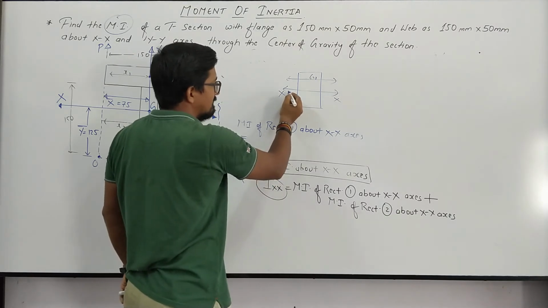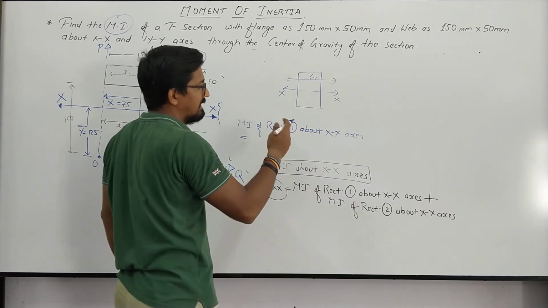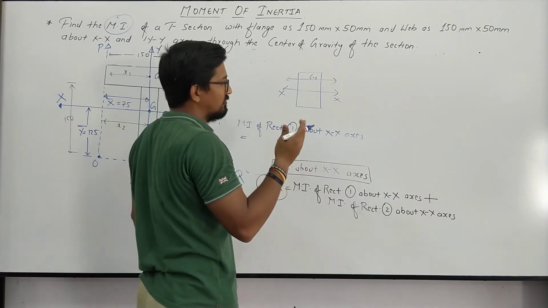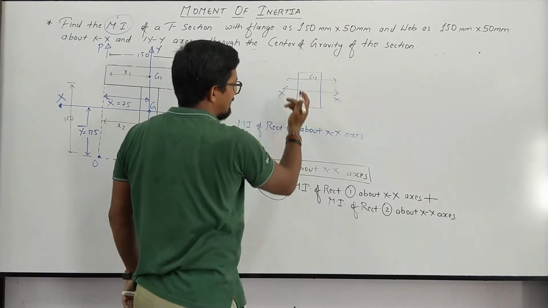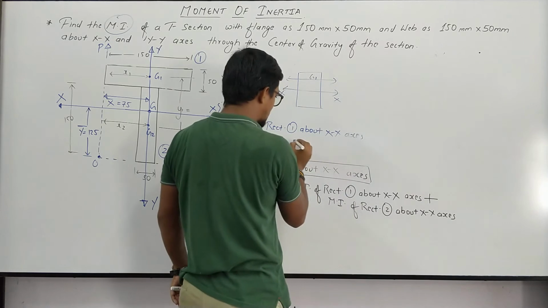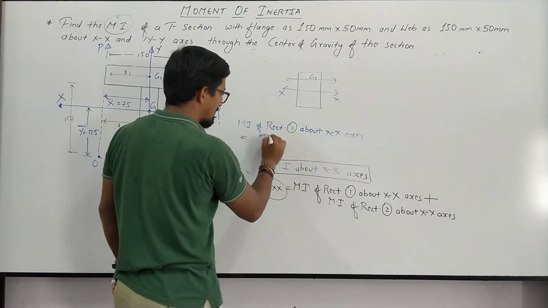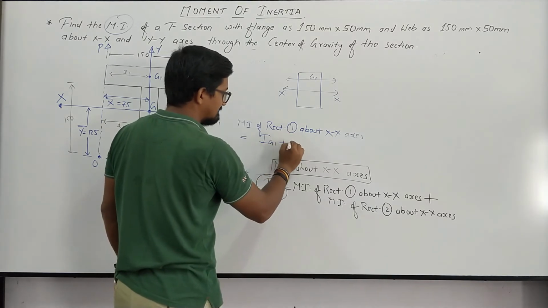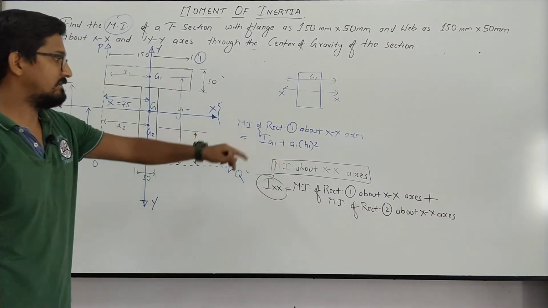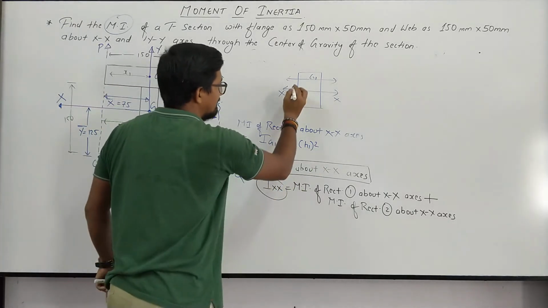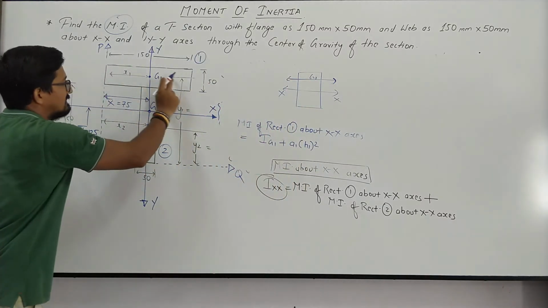We want to find this by using the axis parallel to it. In the parallel axis theorem, for finding IAB I used the parallel axis, so similarly for finding IXX, I will use the parallel axis. This can be written as IG1 plus A1 into H1 square, correct? This IG1 is nothing but the moment of inertia about this axis.